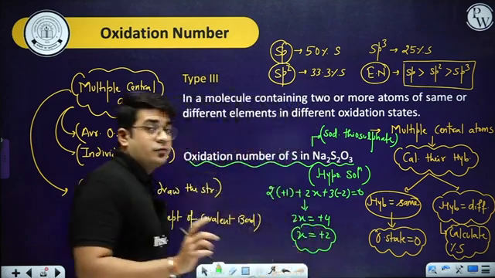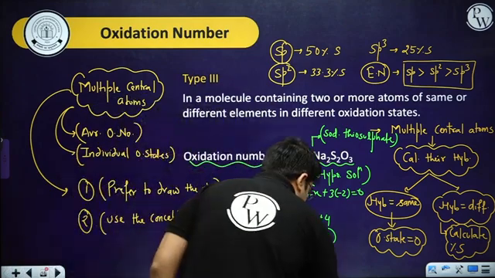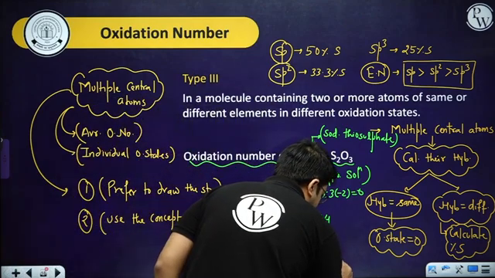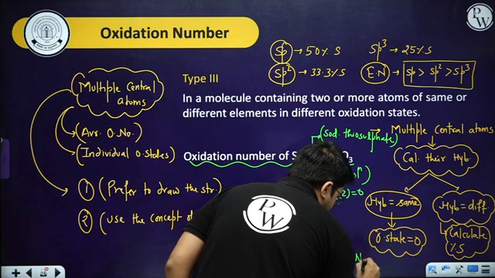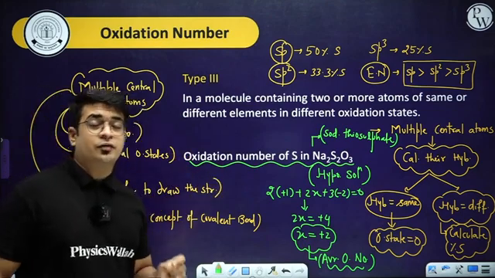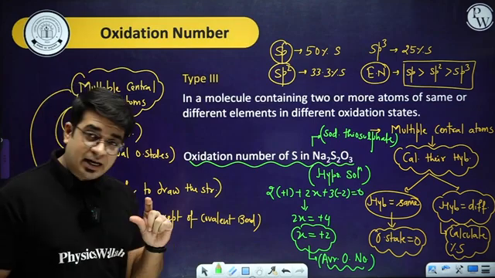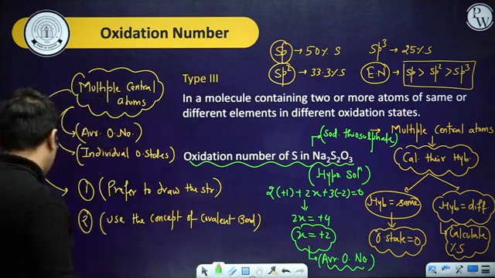So in case of multiple central atoms, if we calculate this entire part, I know that this is going to be the average oxidation number, but I don't know what is the actual oxidation state of the individual sulfur atom in this particular case. So then I need to draw the structure.